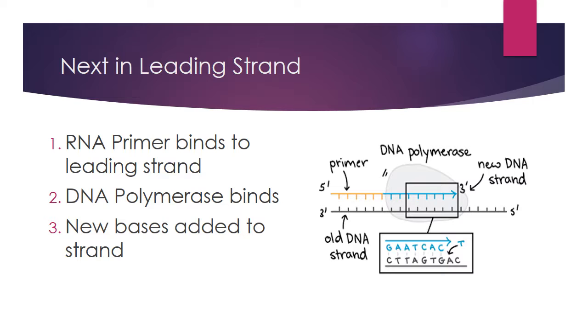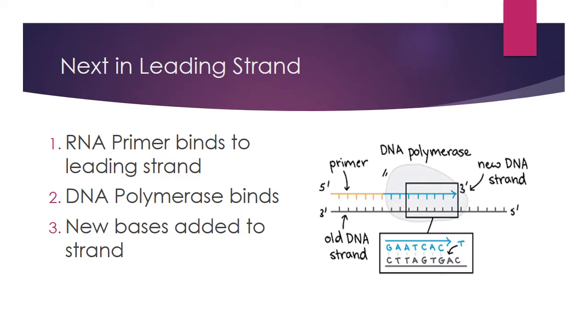Next, we have what happens in the leading strand. What occurs next in the leading strand is the RNA primer binds to the leading strand, and DNA polymerase also binds to the strand.